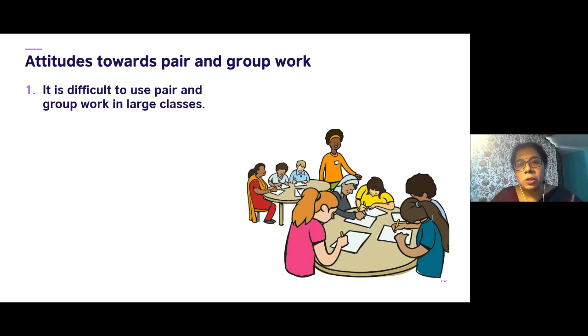But sometimes when you can plan this well and also give very clear instructions for this, this can actually work in larger classrooms. If you see some of the techniques that we talked about, by doing those techniques, you will get participation from a larger number of students, and it can actually make it more interactive.